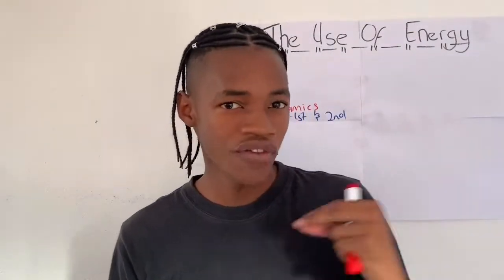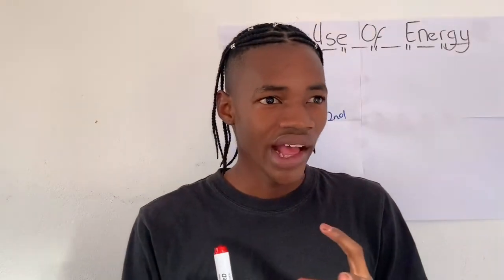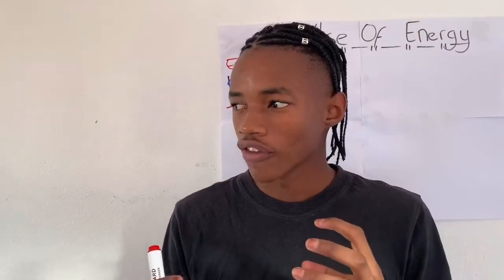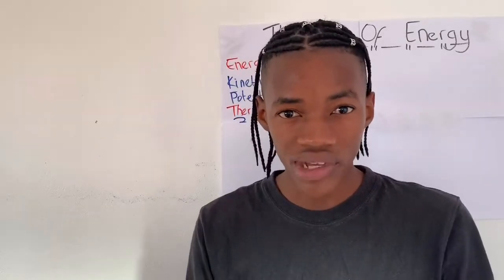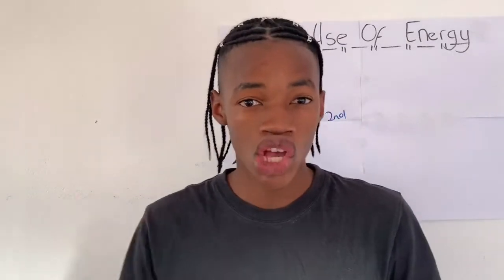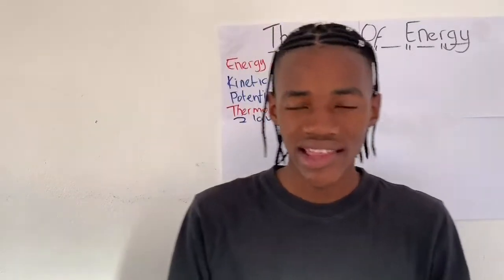And the second law of thermodynamics states that some of the energy is lost to the environment as heat, and energy lost as heat can never be gained back. And this is due to the random molecular movement of atoms and molecules.